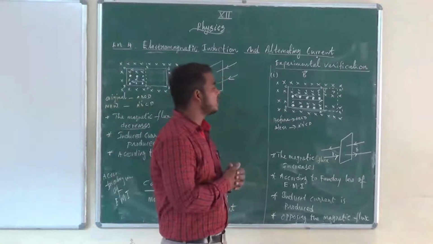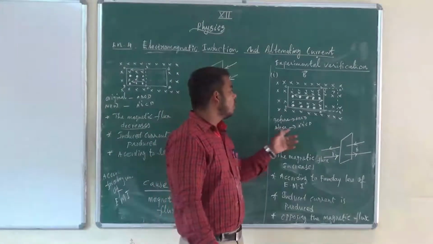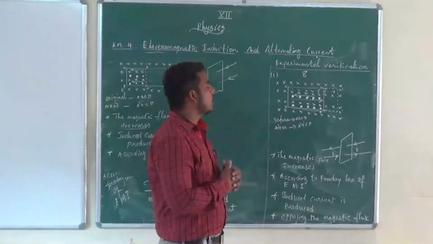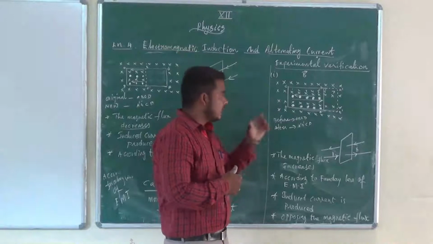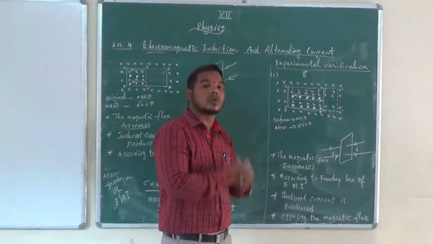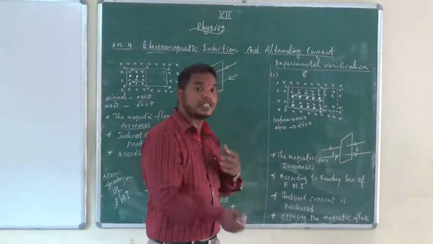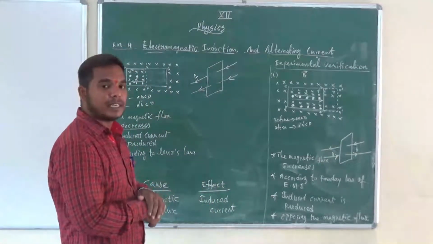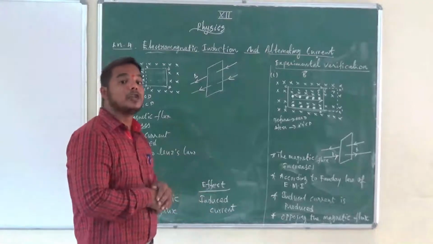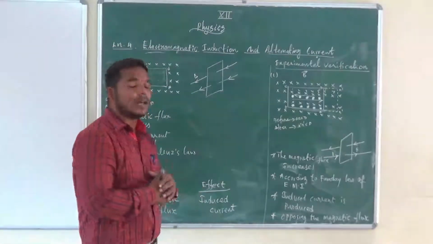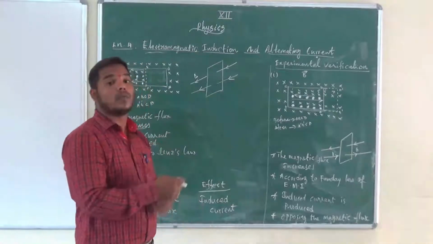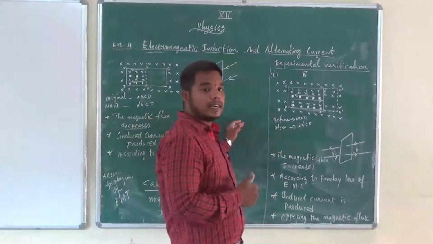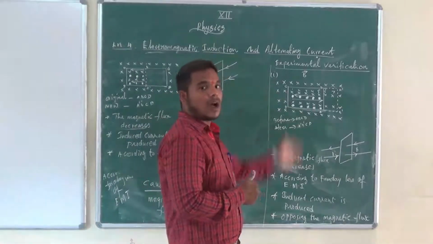Next, I want to increase the area of the loop, so the new loop is A dash, B dash, C dash, D. If I increase it, the magnetic flux also increases. Due to the change in magnetic flux, according to Faraday's law, an induced current is produced. According to Lenz's law, the induced current opposes the cause. Here the cause is the increase in magnetic flux. We have discussed how it opposes.